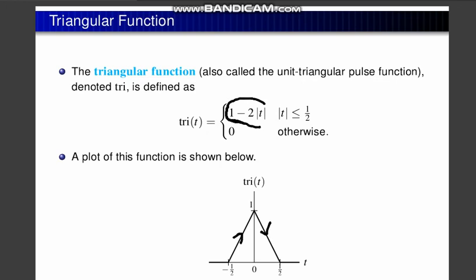It is a linear function, a straight line function. 2 is the slope of the function, and minus half to plus half is the main region, similar to the rectangular function, but with a difference in the y section, that is the slope: plus and minus slope.